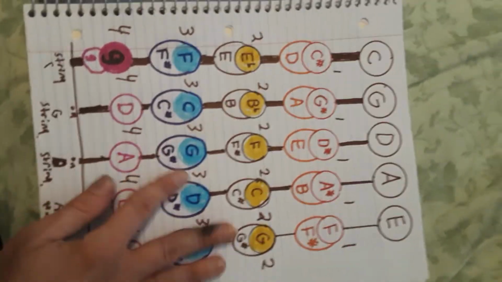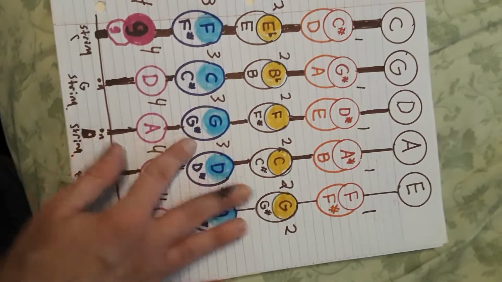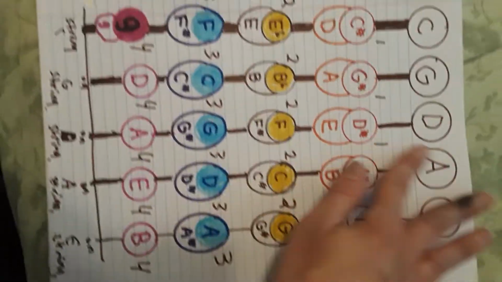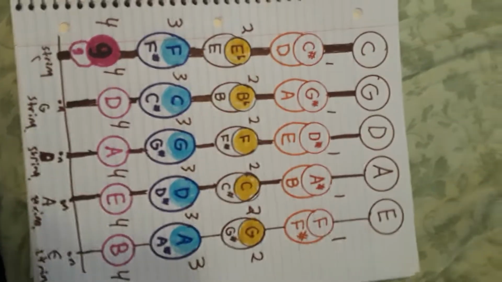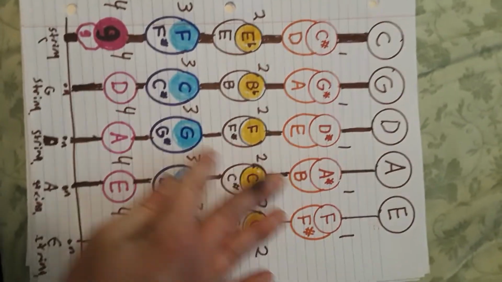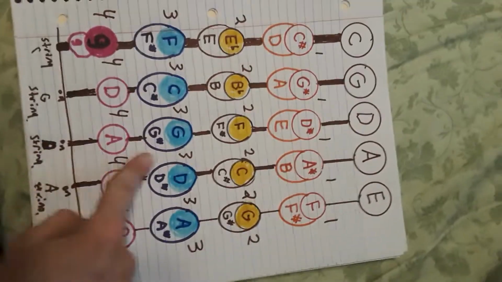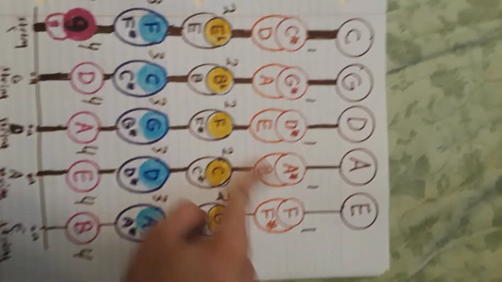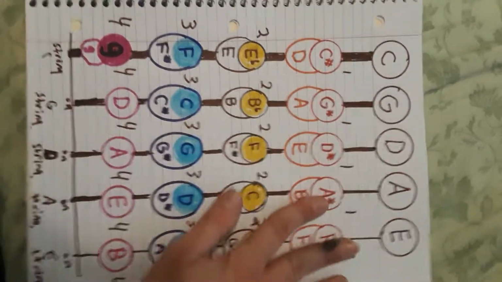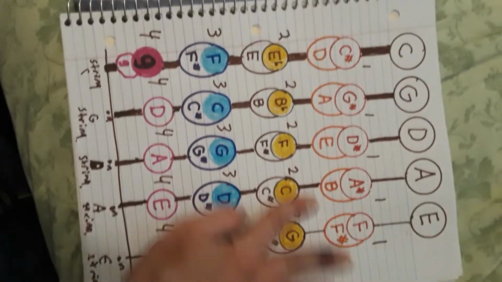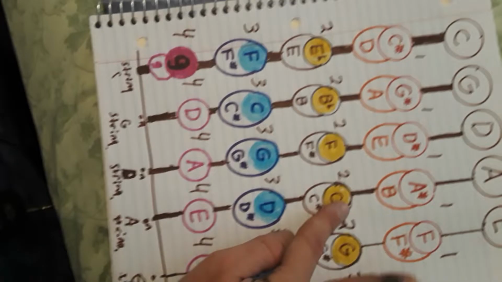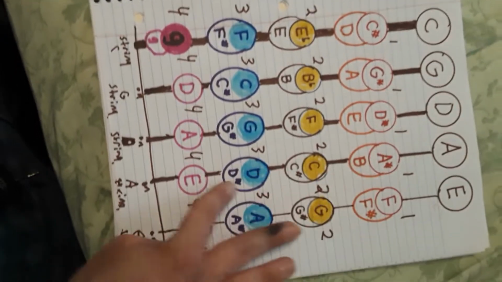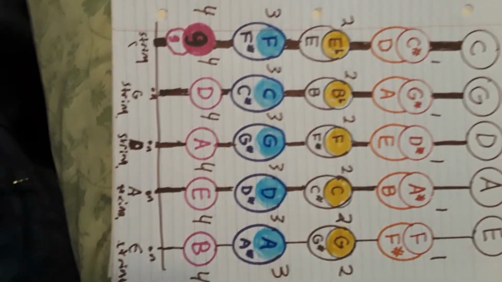Or else A flat turns into A, going into the A flat major scale, I believe. A flat major scale. Or B flat major scale. B flat turns into B going to the C major scale. And then C to C sharp going to the D major scale, right?